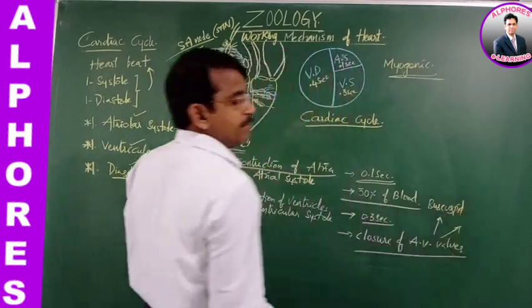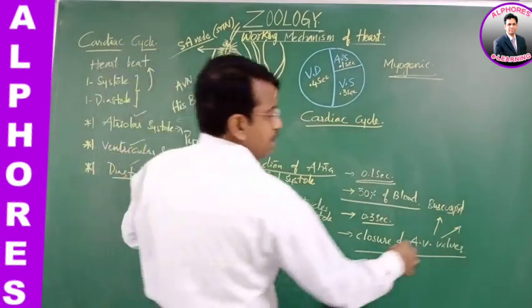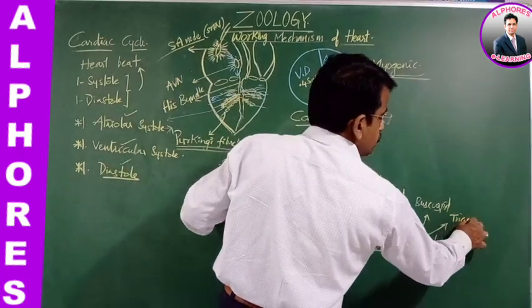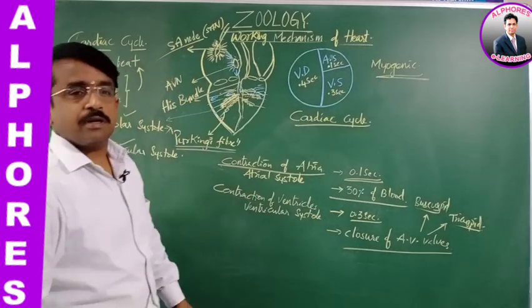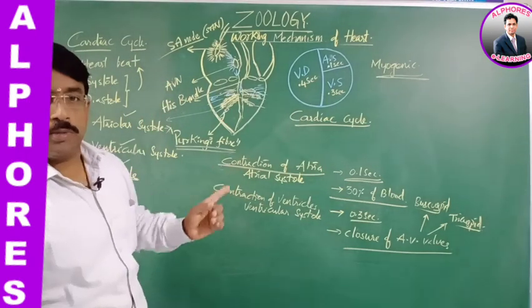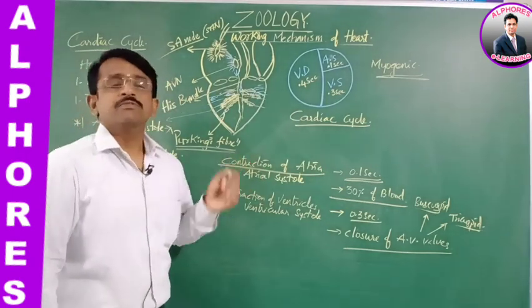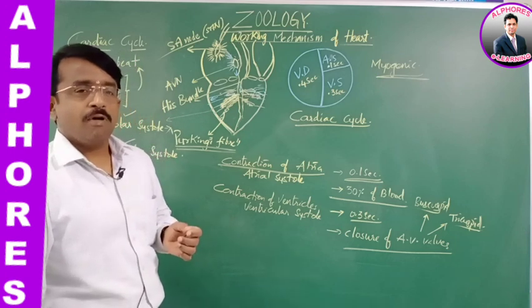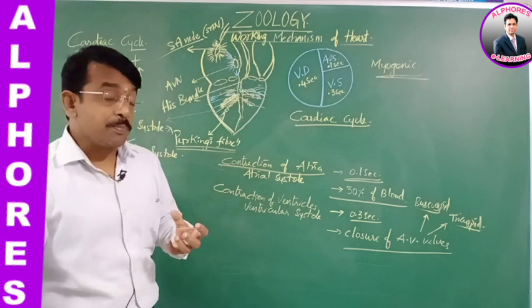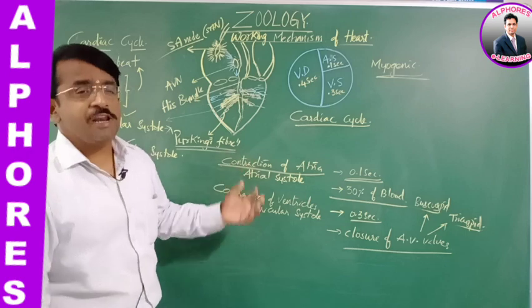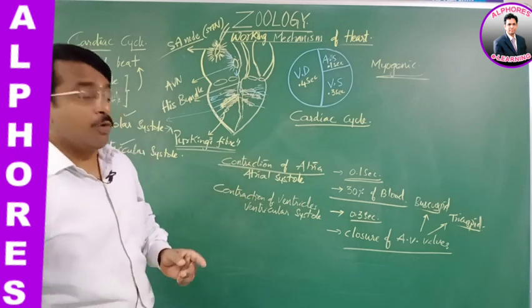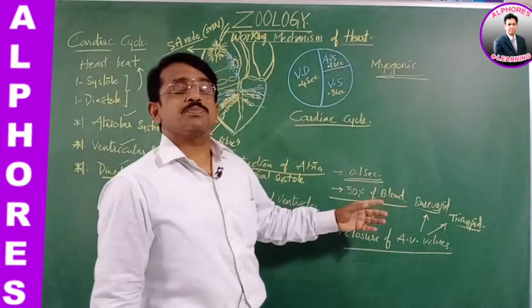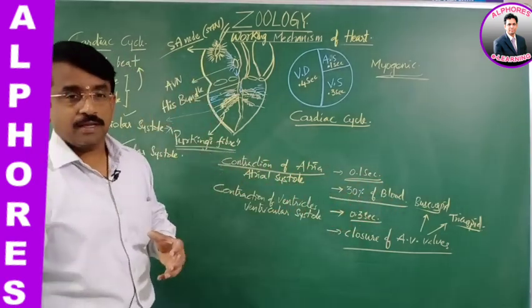Bicuspid is between the left atrium and left ventricle, tricuspid between the right atrium and right ventricle. Bicuspid is also named the mitral valve. Why? As the pressure increases, blood can flow anywhere. In order to prevent the backward flow, the bicuspid and tricuspid valves close.